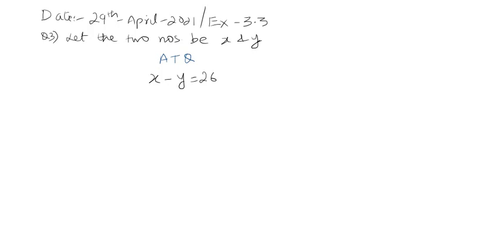So the one number means the one which is greater. So x is greater, it is 3 times the smaller number, right? Now what I'll do, I'll number these equations. This is equation number 1, this is equation number 2. Now you can see this equation 2 is already in terms of y. That means we know the value of x, so directly I can substitute in equation 1.